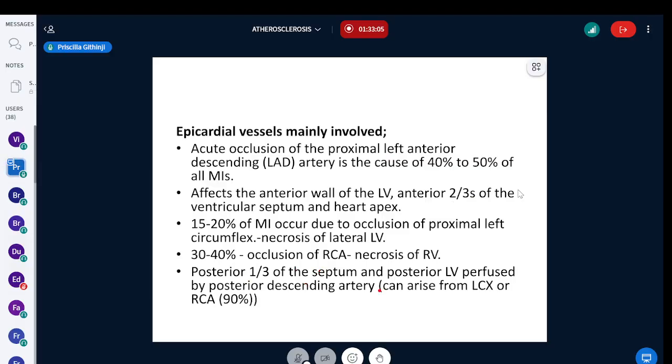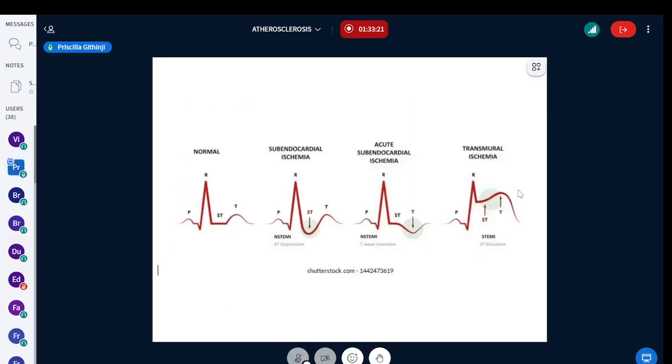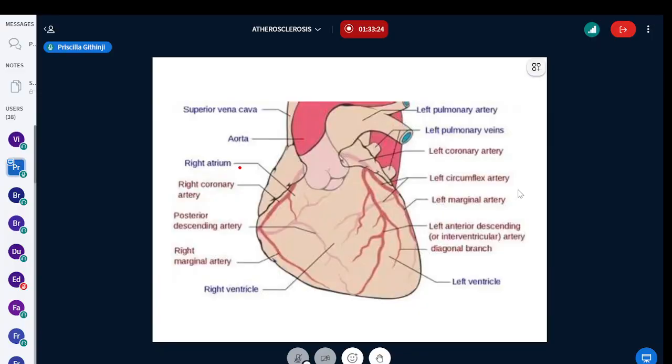So the posterior 1/3 of the septum and posterior left ventricle are usually perfused by the posterior descending artery that can either arise from your left circumflex artery or your right coronary artery. I think this one, this posterior descending artery. So it can either arise from your right coronary artery or it can arise from your left circumflex. Circumflex means it circumscribes the heart. Please go back to your anatomy.